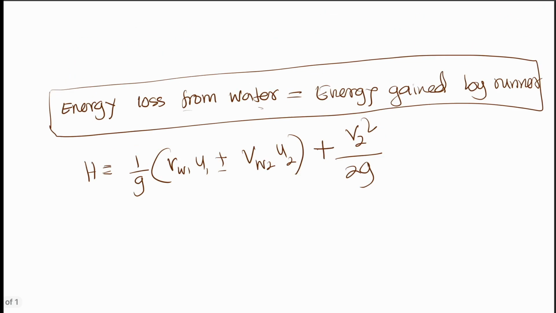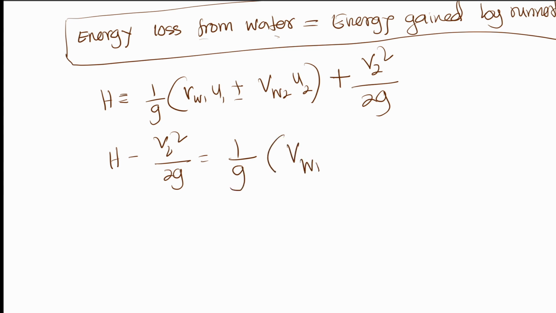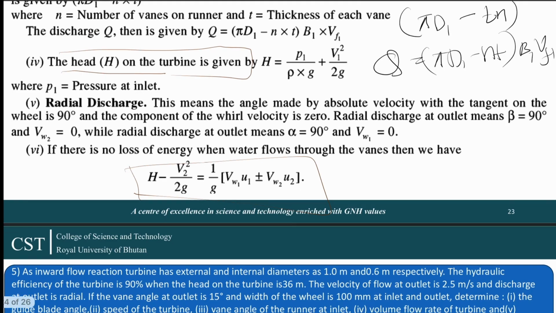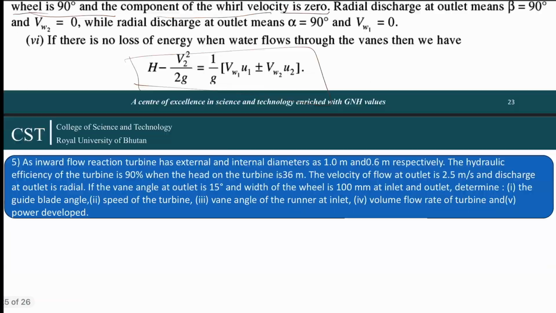If you take this on the left-hand side, that means head minus v2 squared divided by 2g, then we will get the equation that is represented here. About the tangent on the wheel and how the components of the whirl velocity become zero, we will discuss in detail when we solve this question.